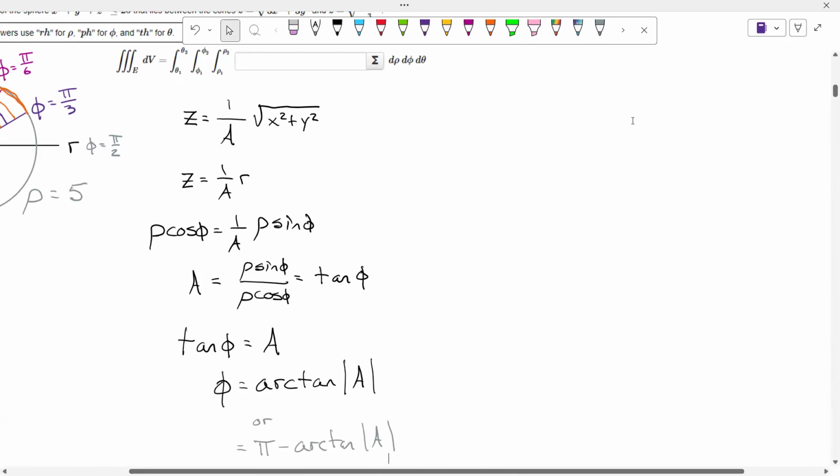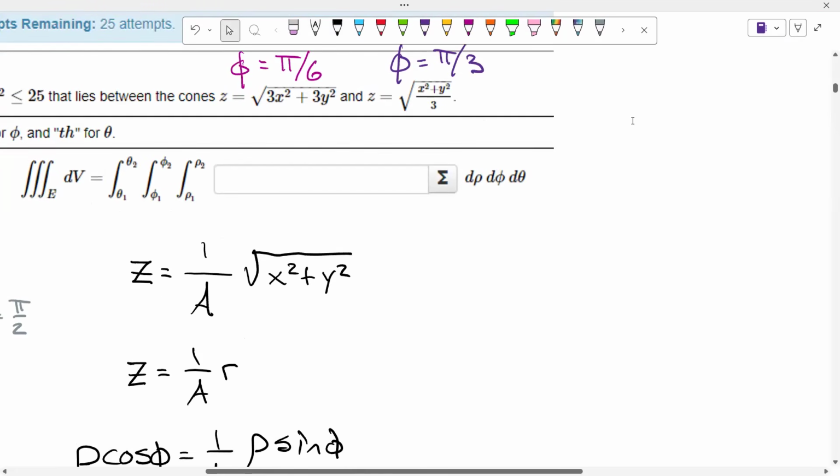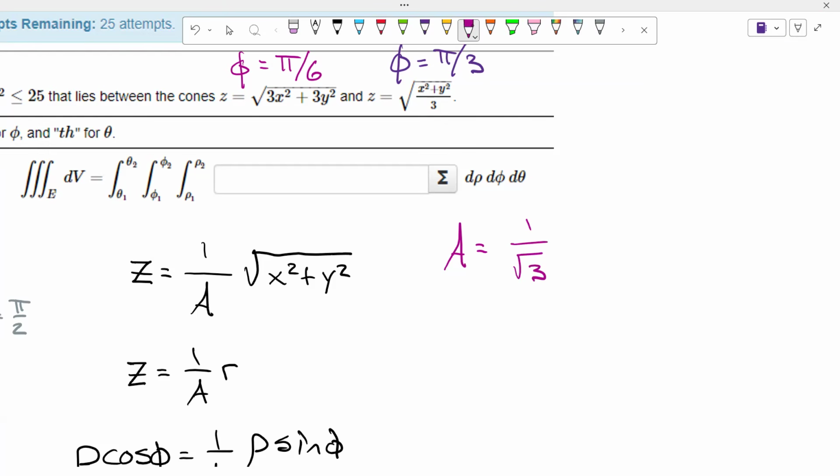But anyway, all cones end up looking like this equation, where phi is equal to arctangent of that a value. So if we head back up to find out what a is, look at the phi equals pi over 6 cone. Actually, I don't really like explaining it that way.